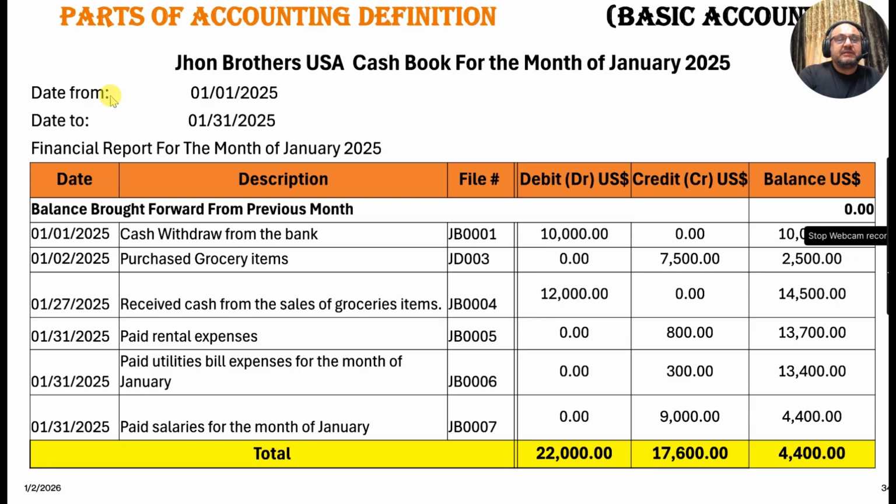So in the next month I will write 1st February 2025, balance brought forward $4,400. I will write it here. Then chronologically, if any transaction happens, I will write it here.